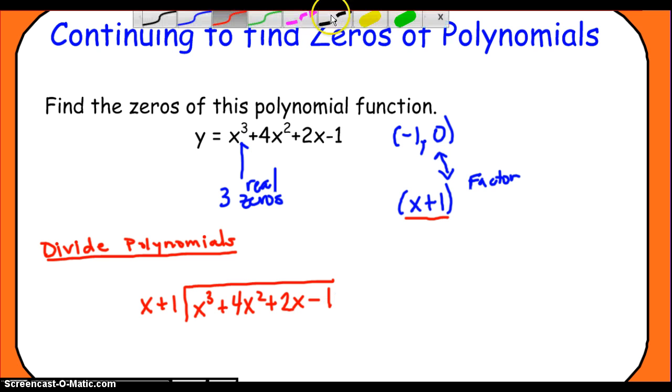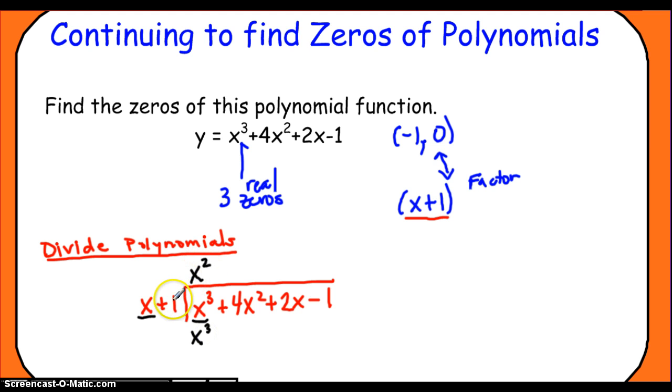Well, remembering your rules from dividing, you look at this value and you say, okay, how many x's would it take to get x cubed? Well, if I took x times x squared, that would give me x cubed. So you get x squared times x gives me x cubed.